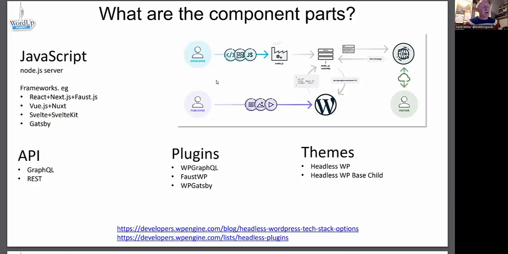There are also these things called themes, which WP Gatsby has. I suppose anything that you create as this front-end stuff is a theme, but it's not something you just get off the shelf. Well, not yet anyway, not as far as I can tell.